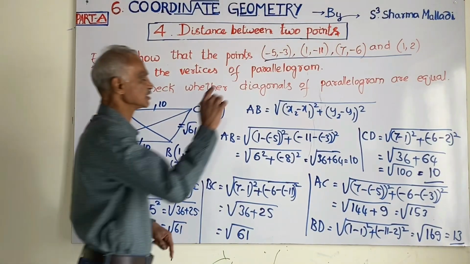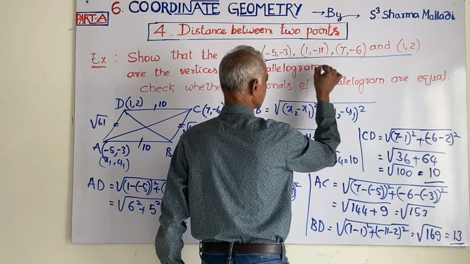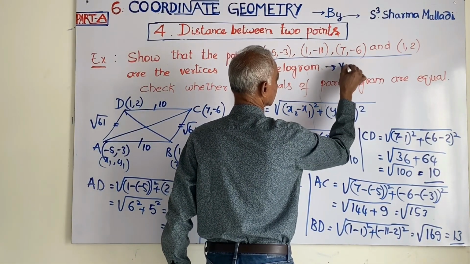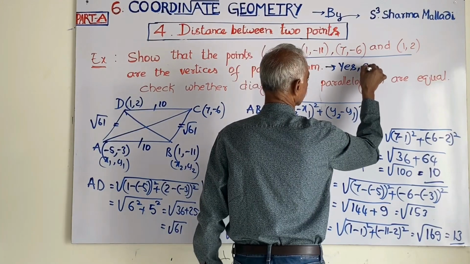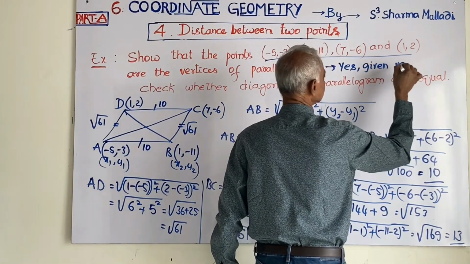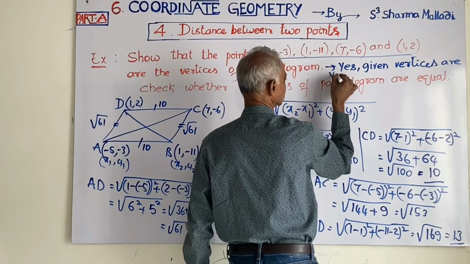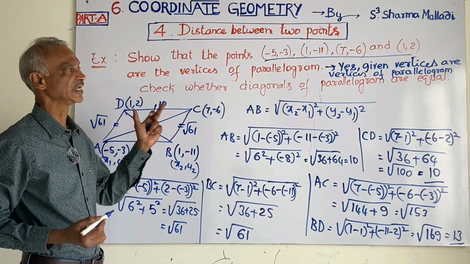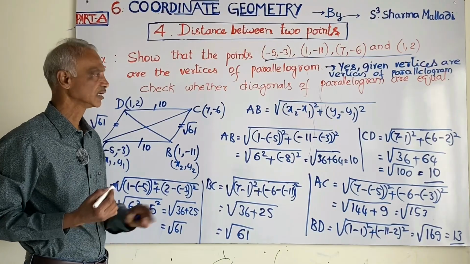As these are the vertices, what is the first answer? Yes, the given vertices are vertices of a parallelogram. Check whether the diagonals are equal or not.